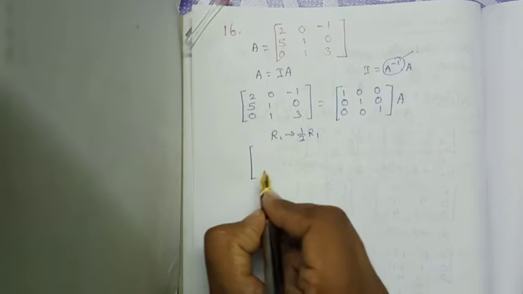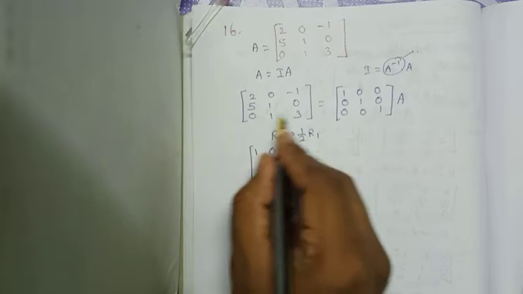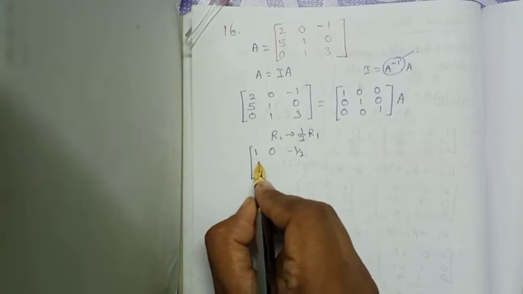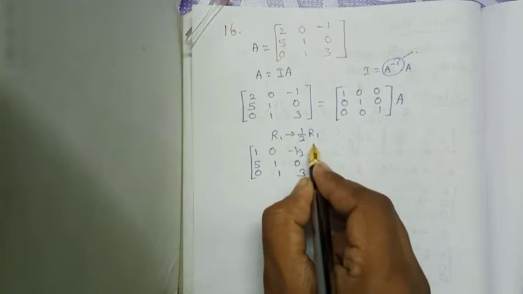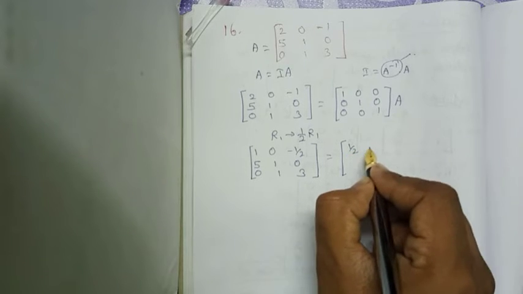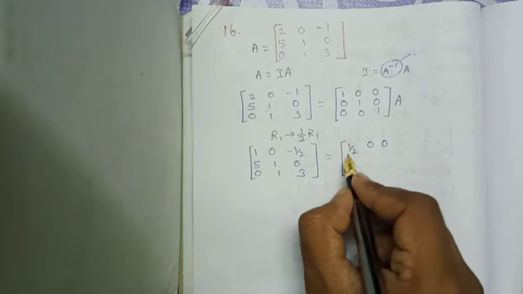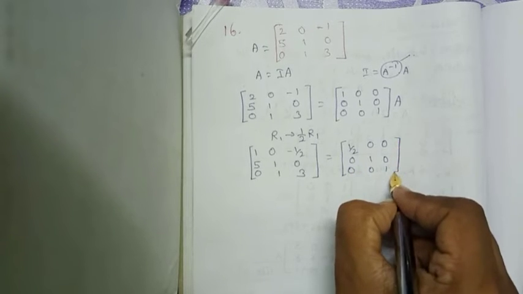We get the equivalent matrix 1, 0, minus 1 by 2. The remaining two rows have no changes: 5, 1, 0, 0, 1, 3. On the right hand side we get 1 by 2, 0, 0, 0, 1, 0, 0, 0, 1 into A.